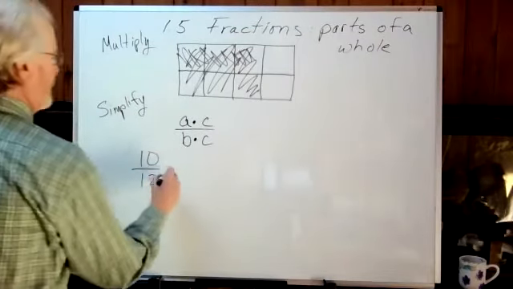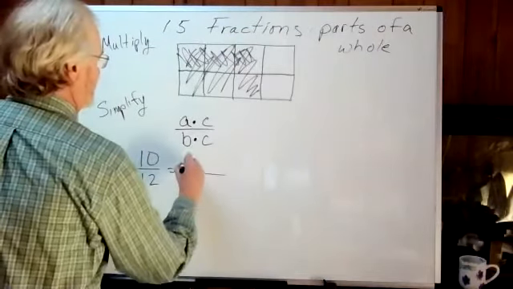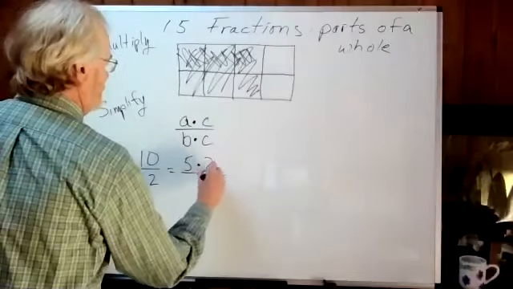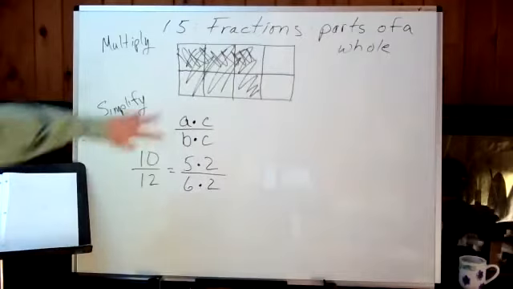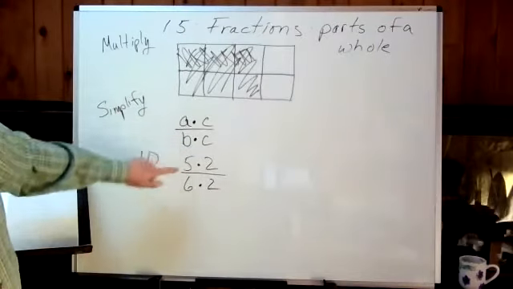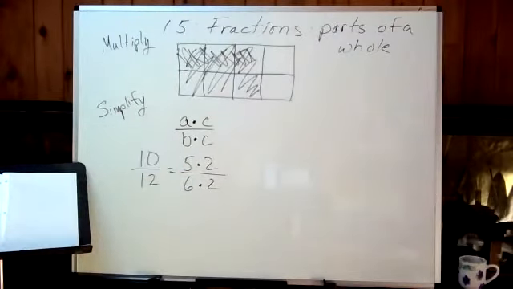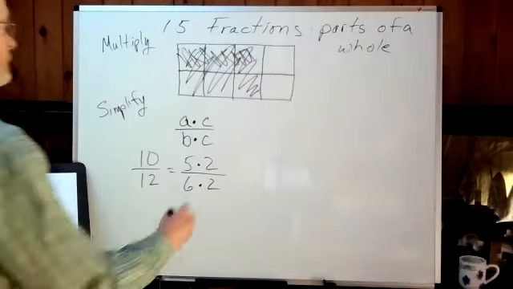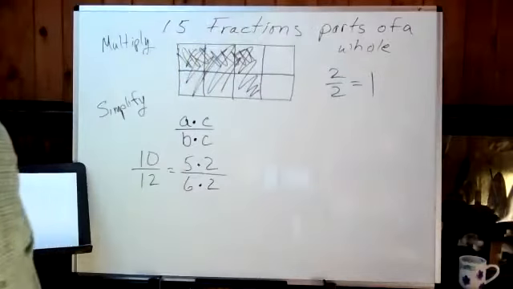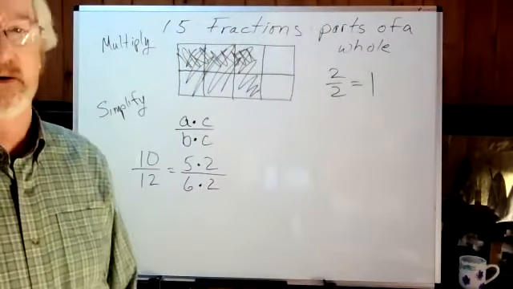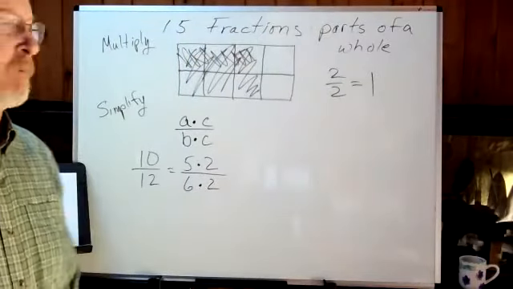And I recognize that that is 5 times 2 over 6 times 2, right? It's like there's the C, and the A and the B are the 5 and the 6. 2 over 2, that's the whole thing. That's the number 1, right? 2 divided by 2, it's a 1.